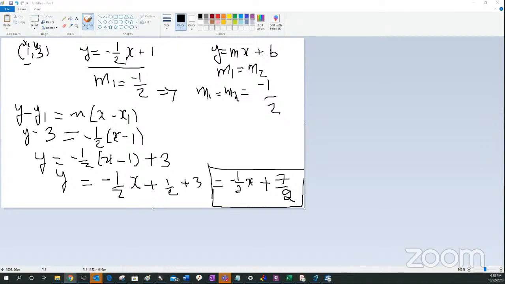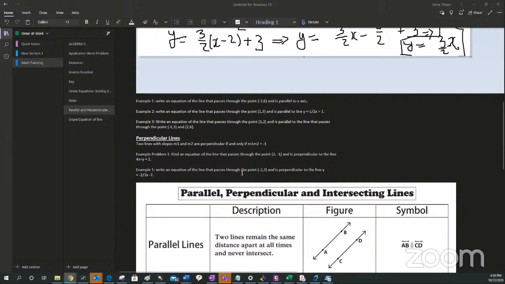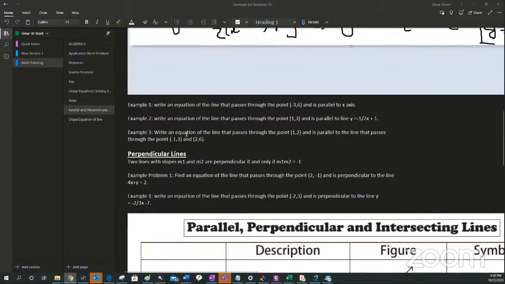So now we're going to move to example 3 also. I'm going to make this a little bit bigger. Example 3: write an equation again, still under parallel, of the line that passes through (1, 2) and is parallel to the line that passes through (negative 3, negative 1) and (3, 2, 6).